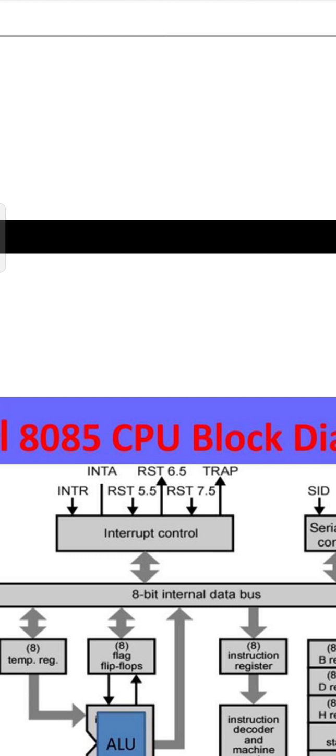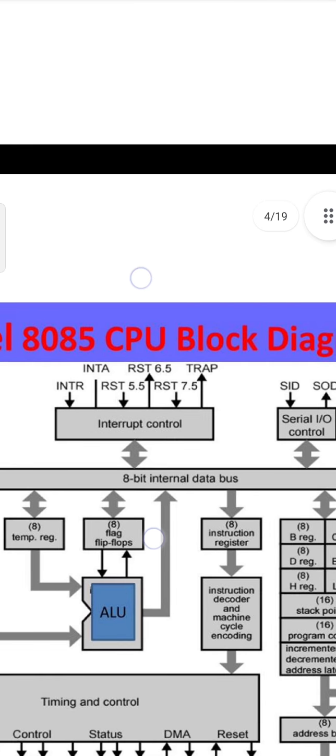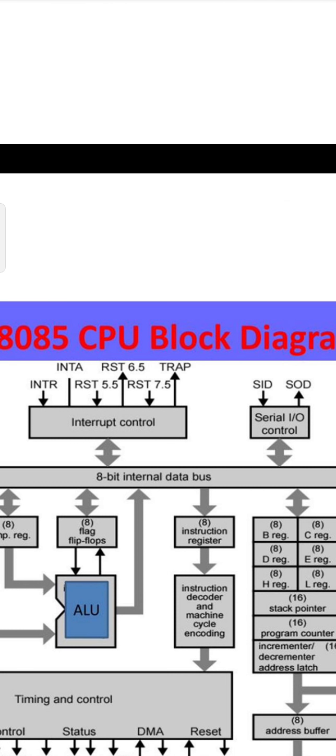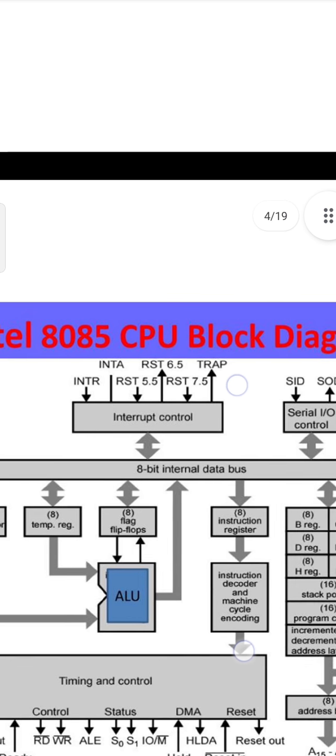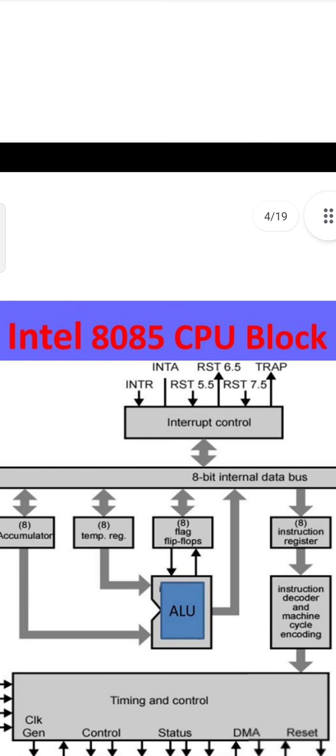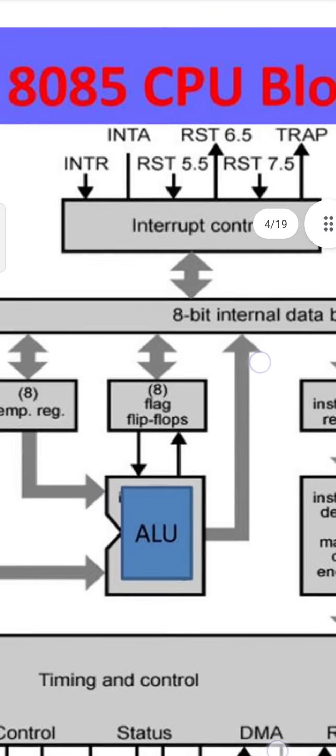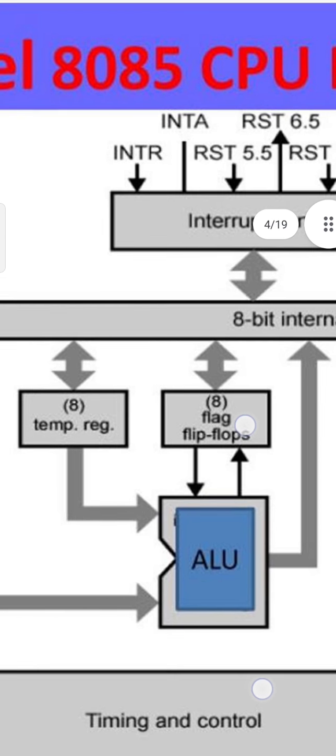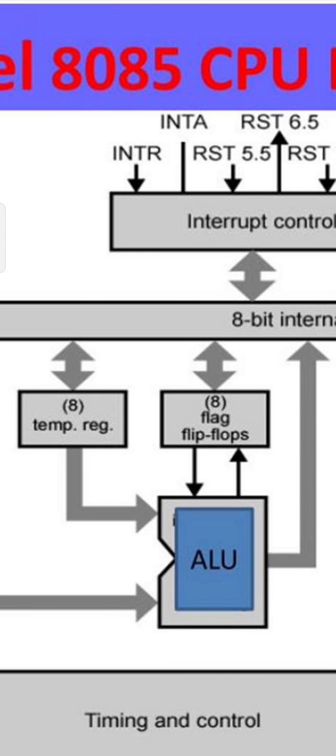It controls the interrupts coming from the input or external devices. These two controllers are connected to the 8-bit internal data bus, where the data flows to the ALU. The important unit in this architecture is the ALU.